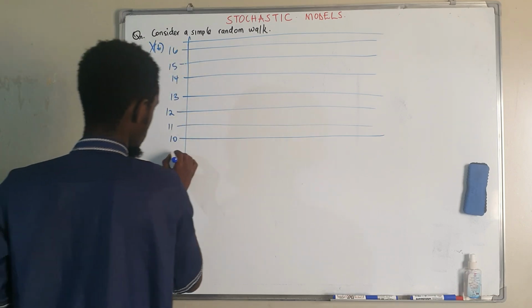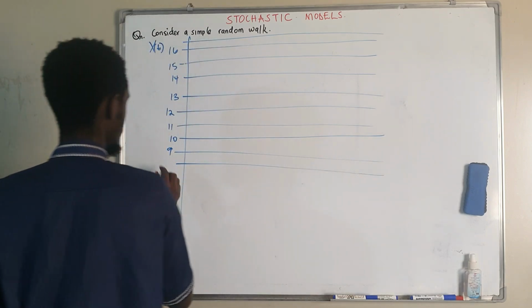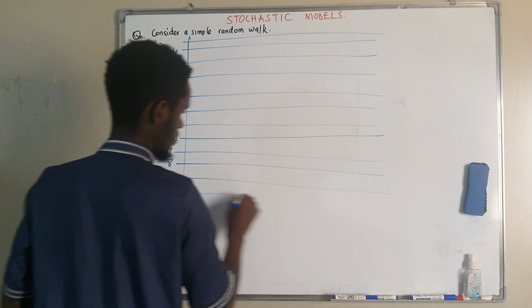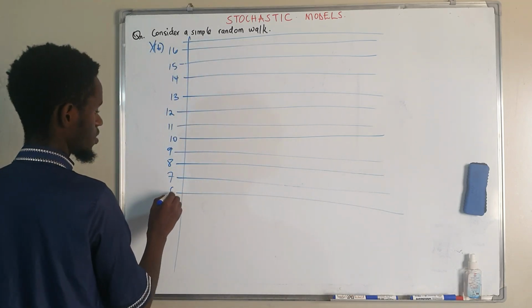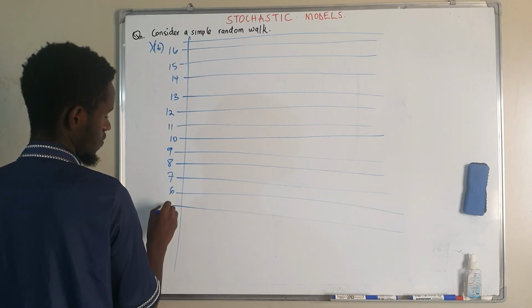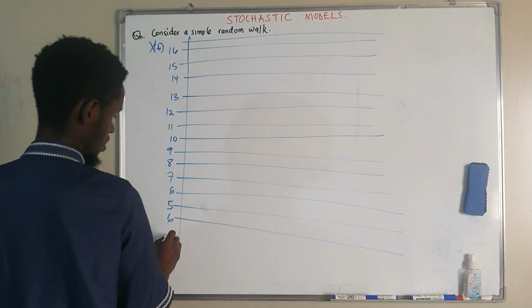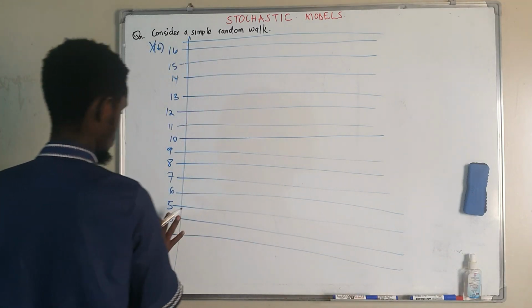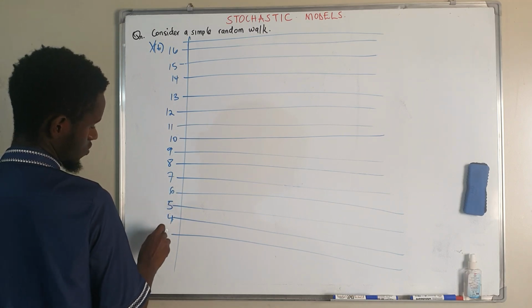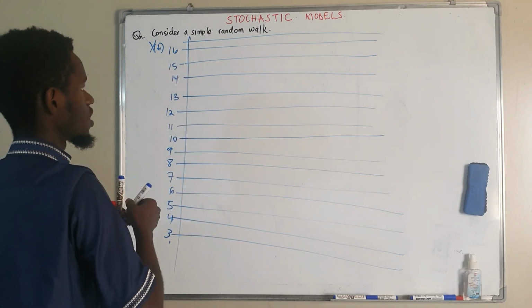Then I'll come down here again to have 9, 8, 7, 6, then 5, 4, and then 3. If we stop there, now let us try to sketch the values of t.